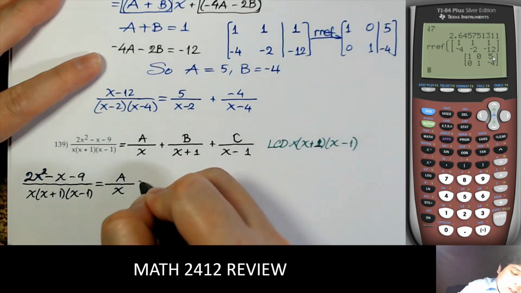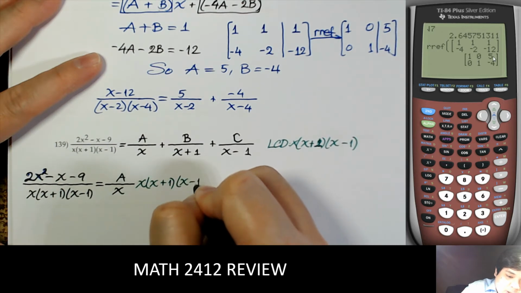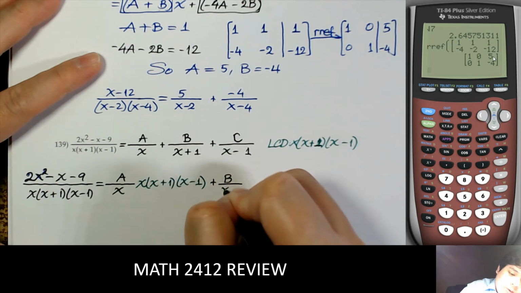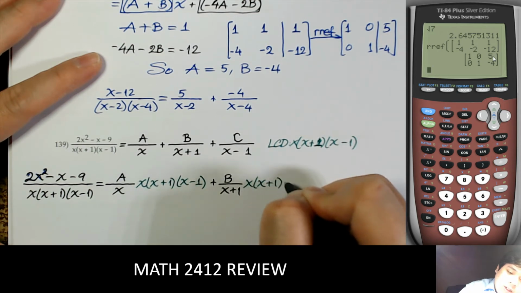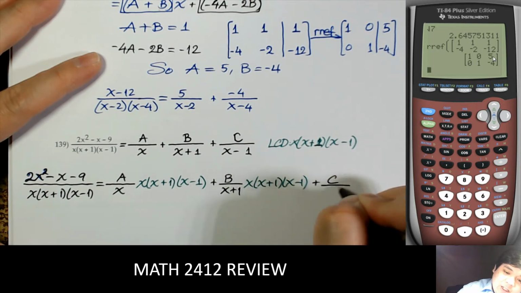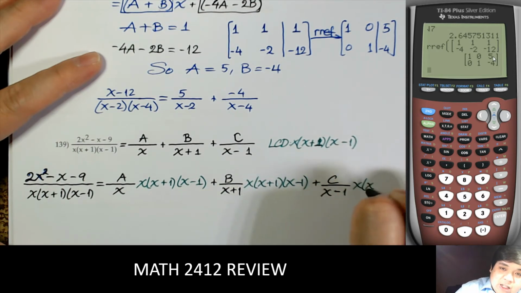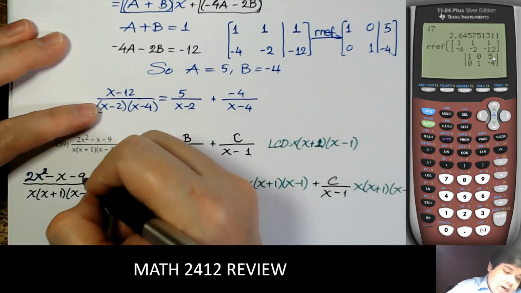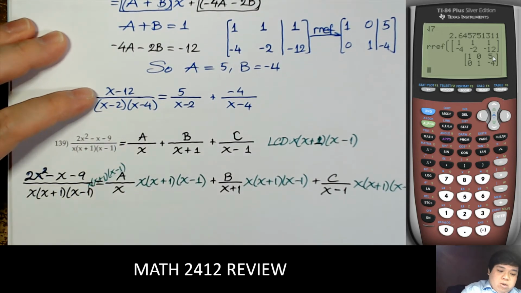Right, multiply x plus 1, x minus 1, plus b over x plus 1, x plus 1, x minus 1, and then c over x minus 1, common denominator x, x plus 1, x minus 1. Of course, we multiply that on this side as well, and that cancels the whole denominator.